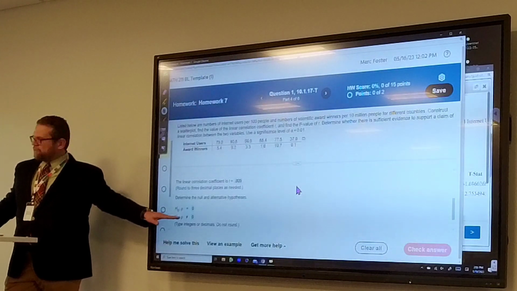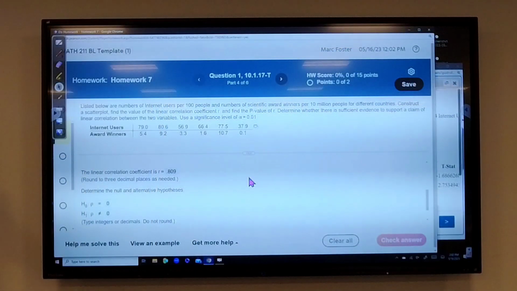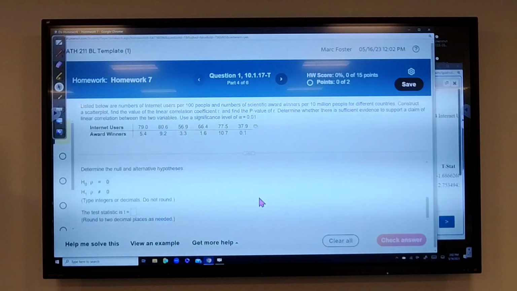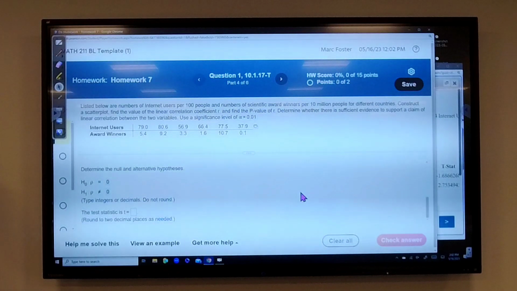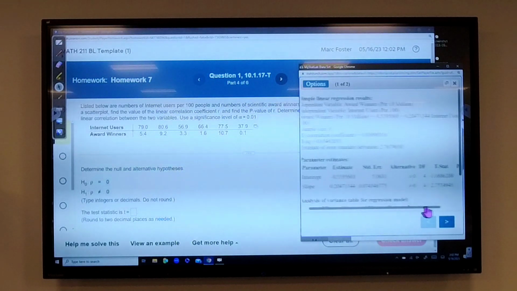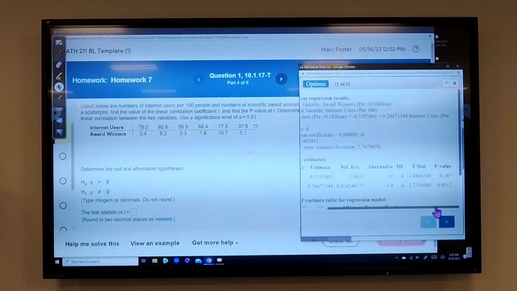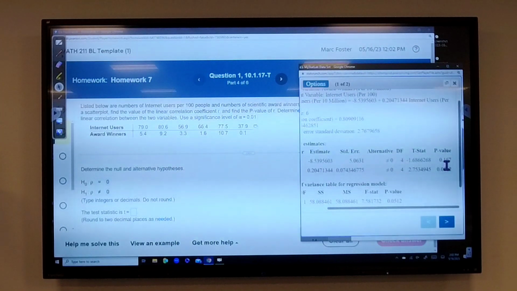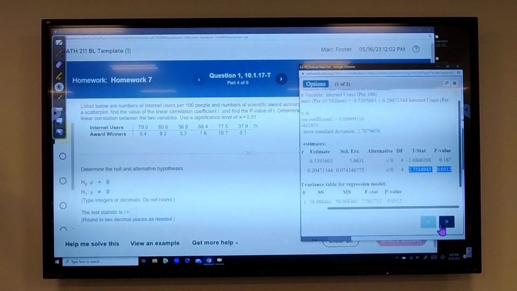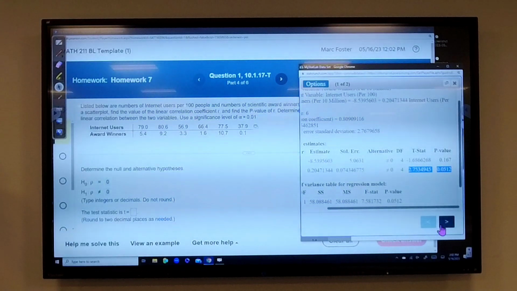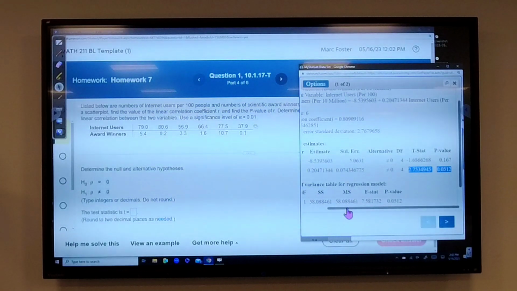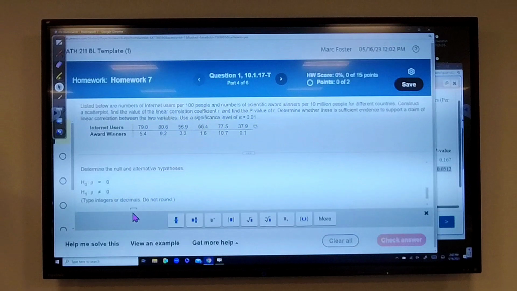No trend at all, some trend. This hypothesis test needs a test statistic and a p-value. It's right here. So to 2 decimal places, I have 2.75.